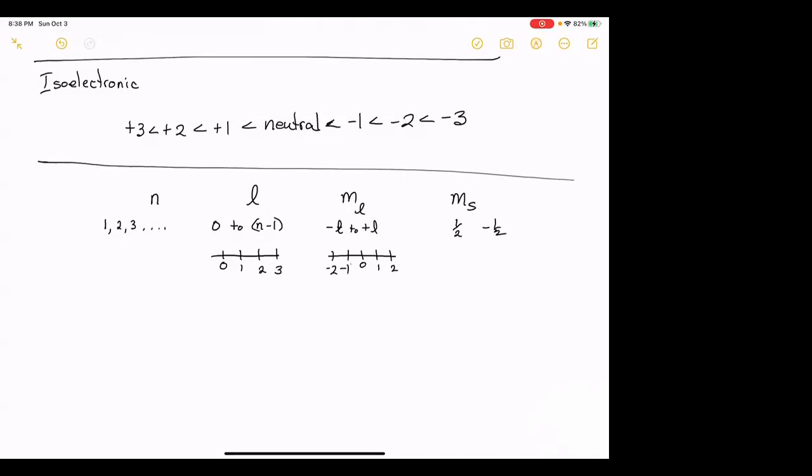Now, as far as what it means, this is going to be the energy level or shell. This tells us the subshell. This tells us the number of orbitals. And this tells us the electron spin.